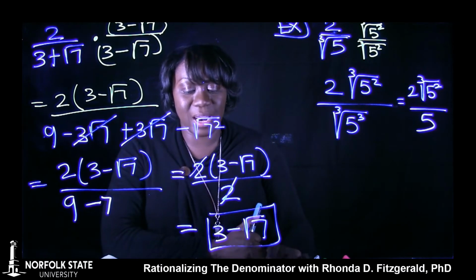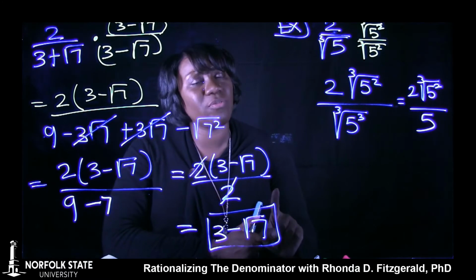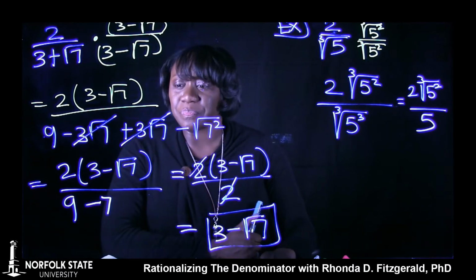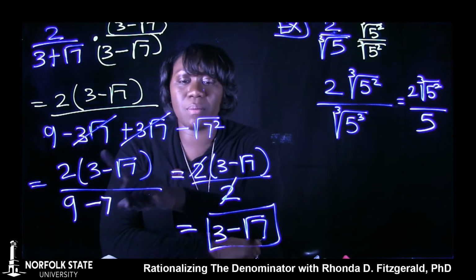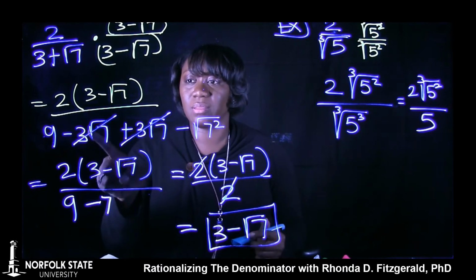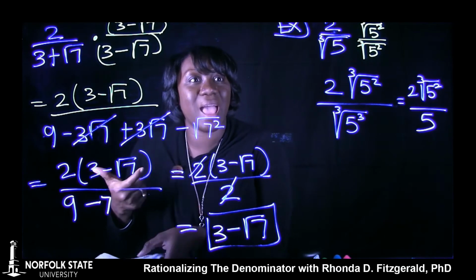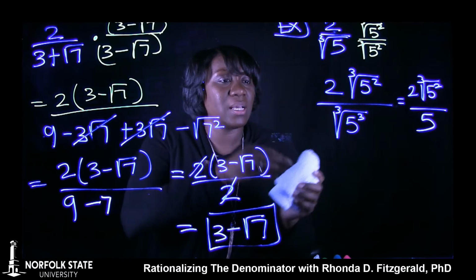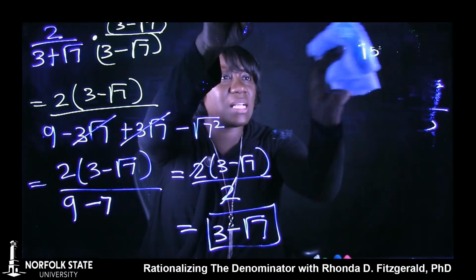Now let's look at a couple of problems that I want you to try. Or before we do that, let's think about this really quickly. Let's look at the situation where we multiplied by the conjugate. Let's think about something that happens when we do that. So I'm going to erase this and we're going to look at some properties and why we choose the conjugate, and some neat things.